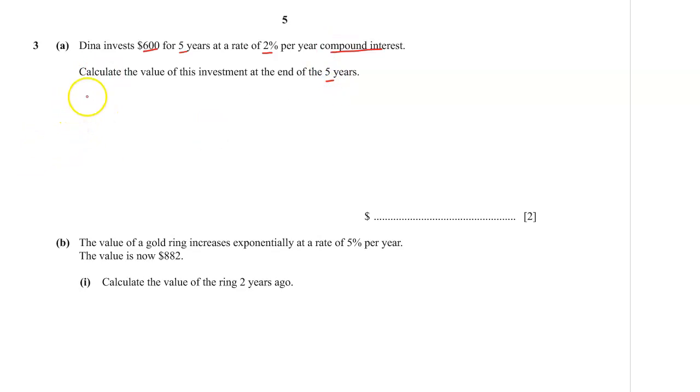So for compound interest, A is equal to P times 1 plus R over 100, raised to power n, where n is 5 years and R is 2%.